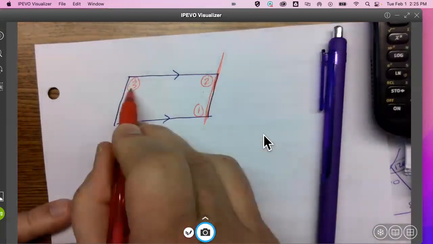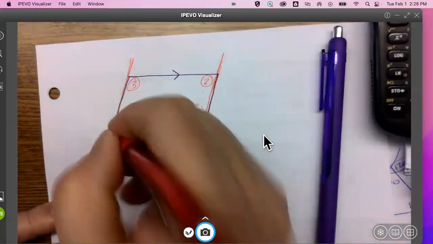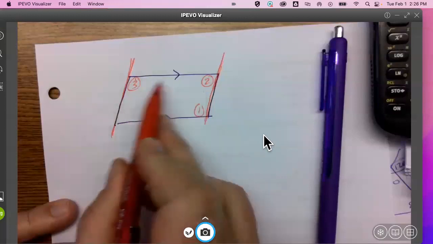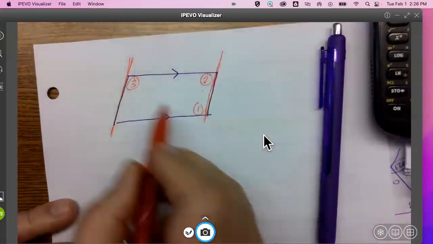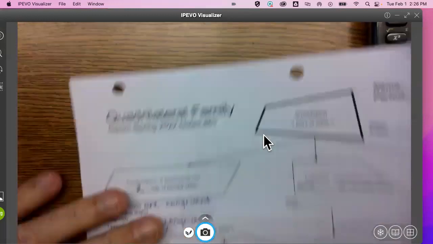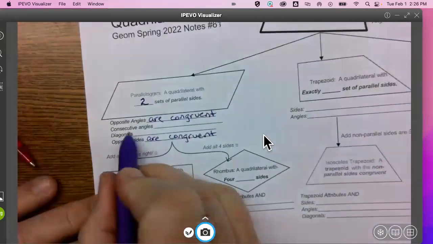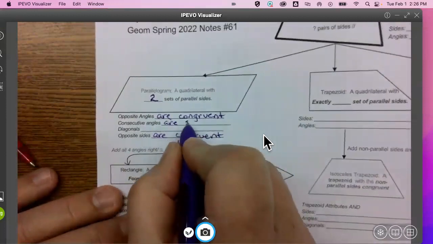Similarly, if I did 2 to 3, now I'm talking about these red lines being the parallel lines, and this is my transversal. Aren't 2 and 3 also supplementary? Yes. They're same side interior angles relative to parallel lines and a transversal. So we can say up here, consecutive angles are supplementary.